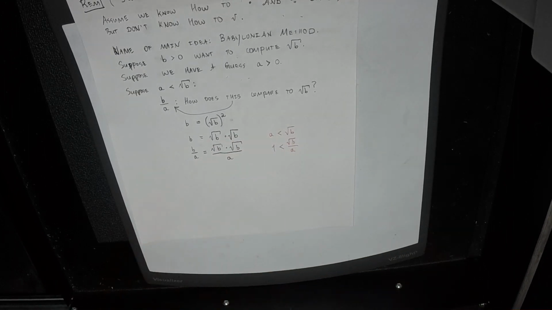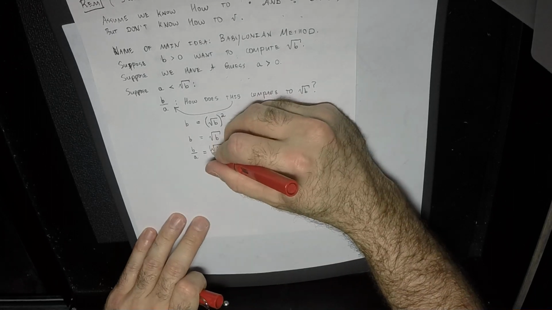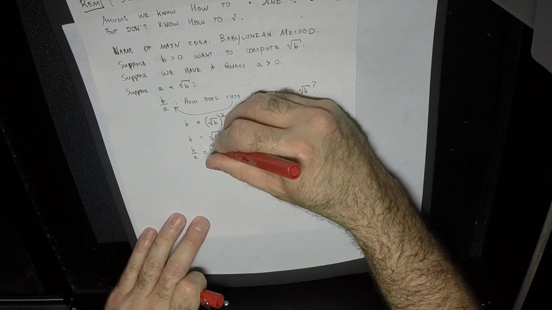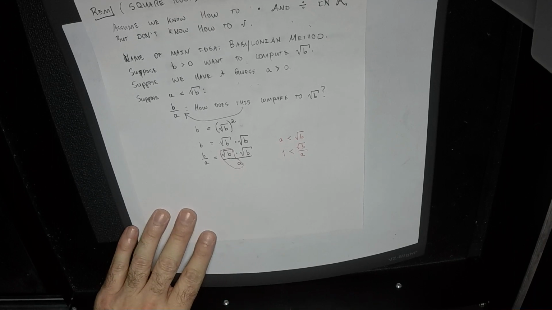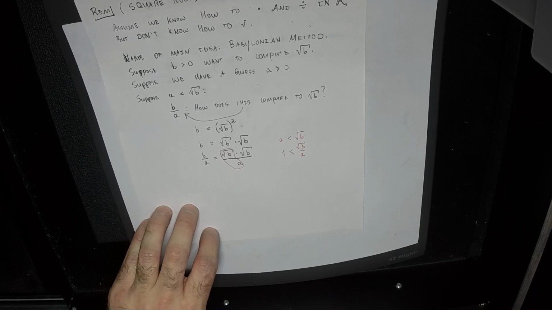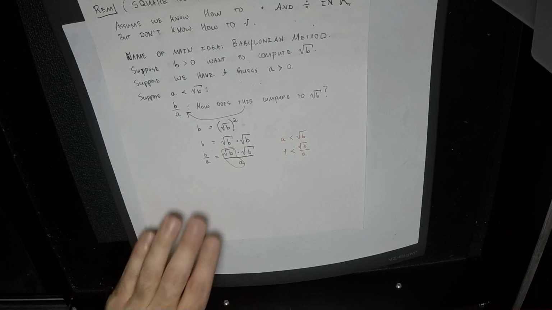So in particular, B over A is less than square root of B. Other way around, right? Yes.